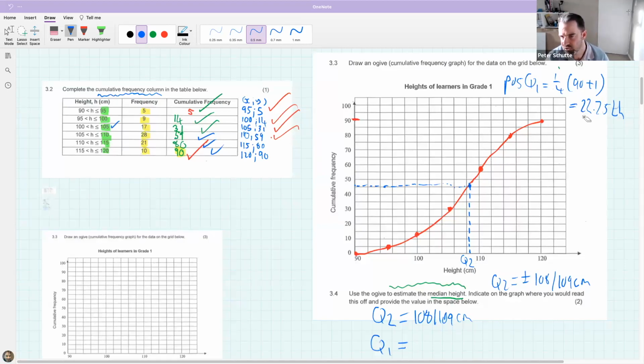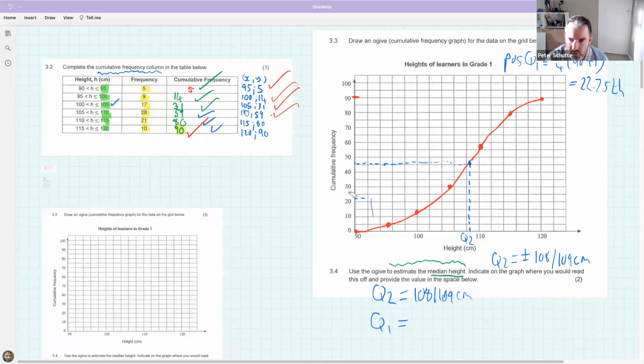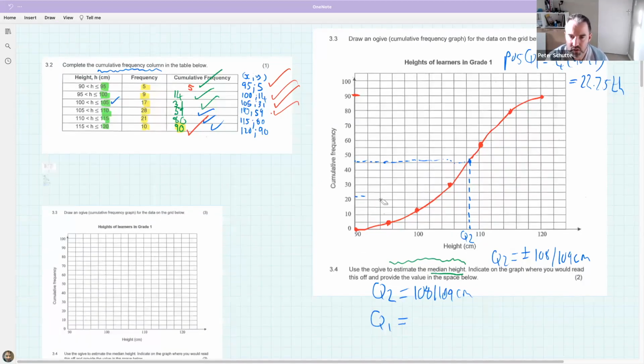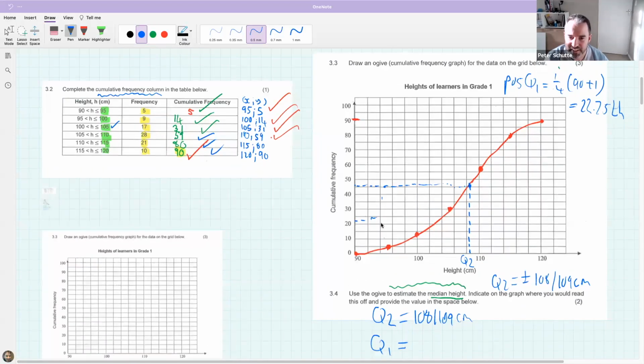So the position is 22.75. That's its position. It's not the value of Q1. I have to go and find where 22.75 was.